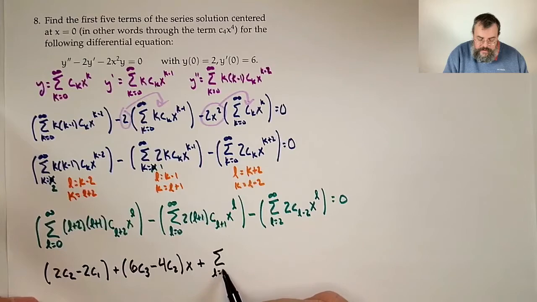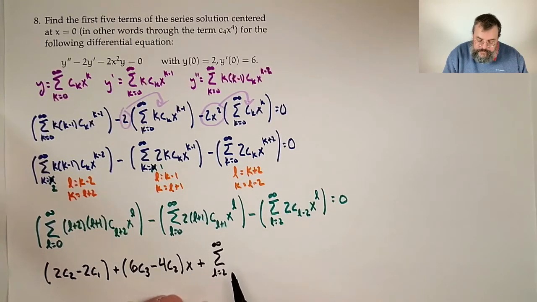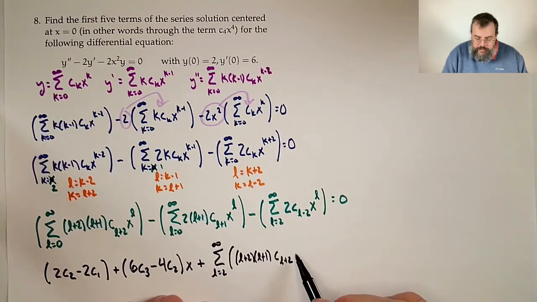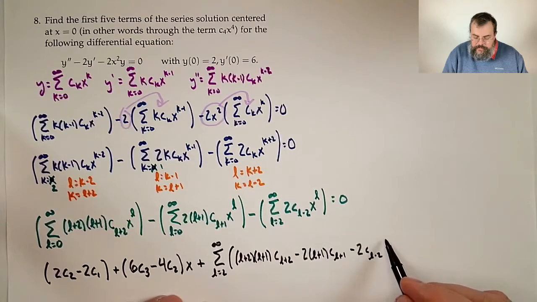So sum 2 to infinity of, what do we have? Well, we just gather, right? We have L plus 2 times L plus 1, C L plus 2, minus 2 times L plus 1, C L plus 1, and minus 2, C L minus 2.